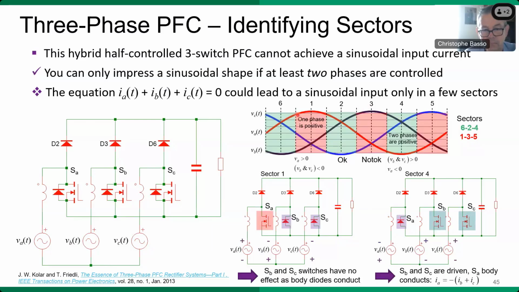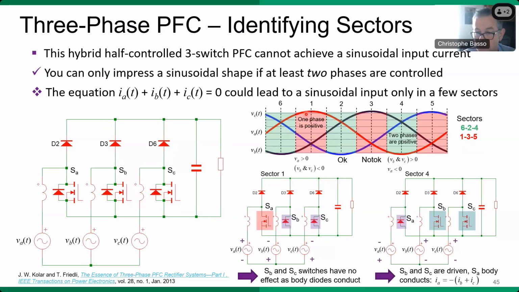Activating switch SA would let you increase the current and classically boost the voltage via D2 as a catch diode. However, phases B and C are negative. Body diodes of SB and SC permanently conduct, and actuating SB, SC at the same time would be useless to impress a given shape because the diodes always conduct, right?